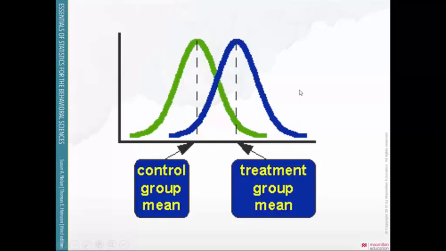You could imagine if I could push these distributions together so that they line up on top of each other. So here's the green distribution, and imagine the blue distribution is right on top of it, and the two means are exactly the same. Well, in that case, we would say, nope, there's no difference in physical health score between children whose parents are married and children whose parents are going through divorce.